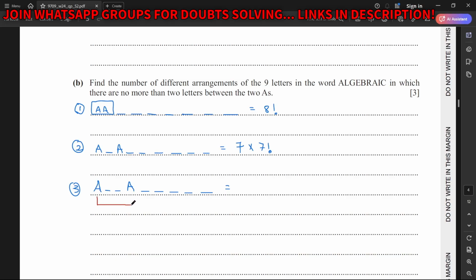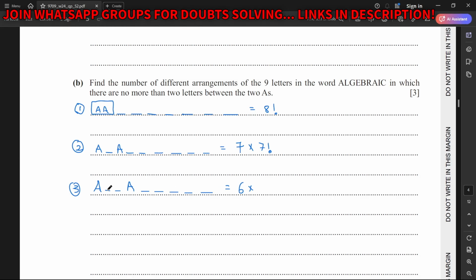That's my one possibility. Then this is my second possibility, then my third, then my fourth, my fifth, and my sixth. So there are 6 different ways to arrange the A's.